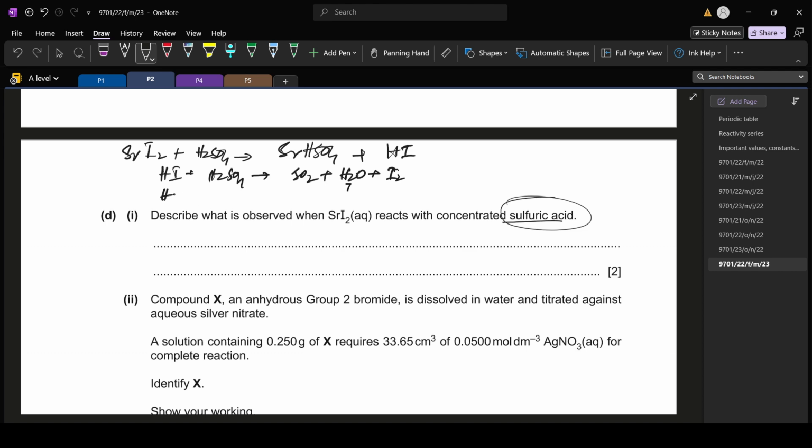It will also form sulfur plus water plus iodine. The iodine will be in vapor form, and the sulfur will be in solid state.